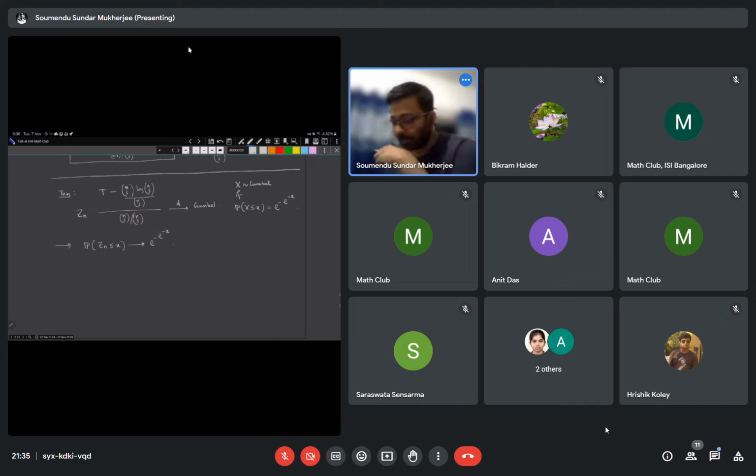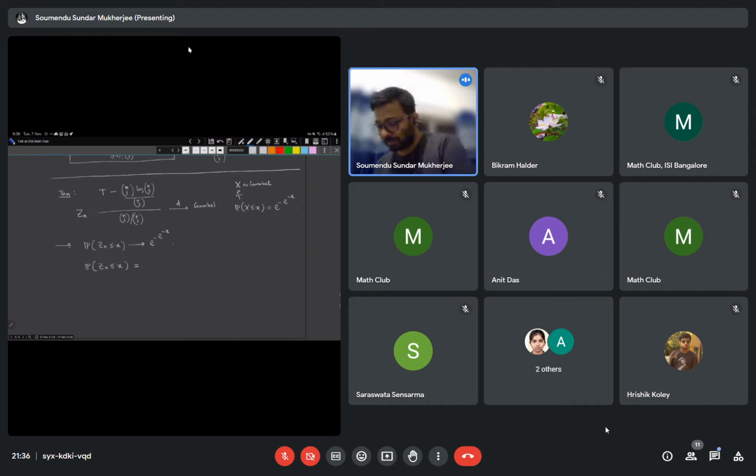Let us write everything in terms of the count random variables that we had earlier. If N_k is a count random variable, and we can find a limit theorem for N_k, we can use that to get the distributional limit of Z.